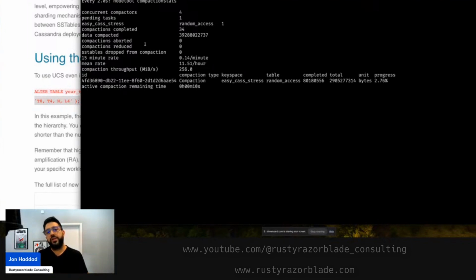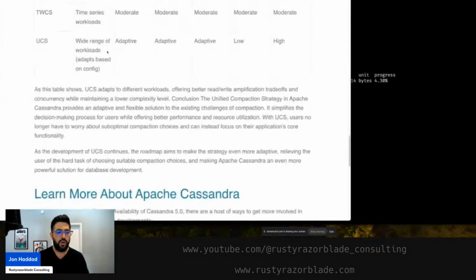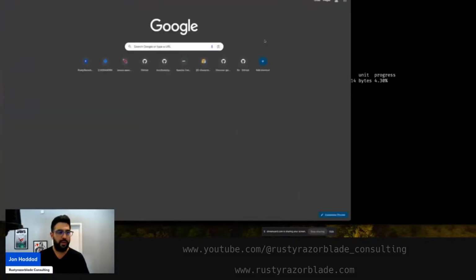The reason why I like this is because if you have a write-heavy workload that does that type of random access, and it isn't going to work well with TWCS, then UCS with a higher T value should allow you to run those workloads, because again, you're going to have low levels of read and write amplification.